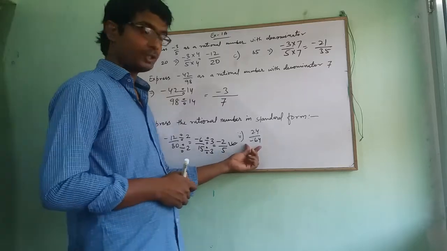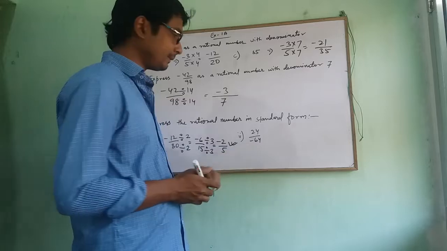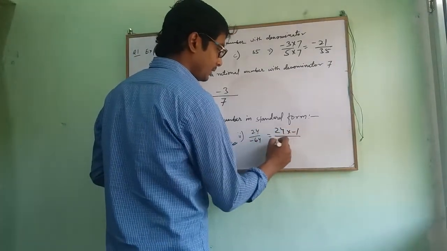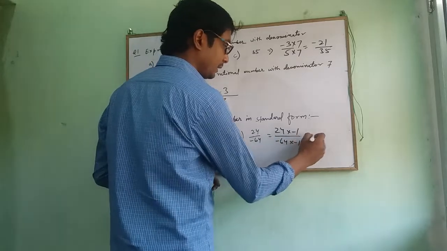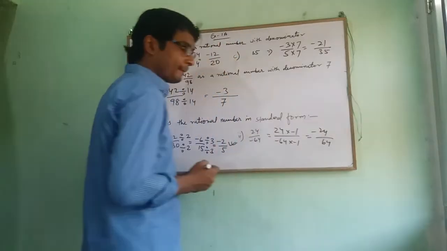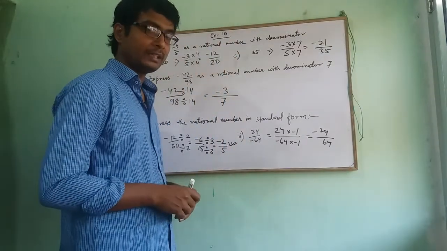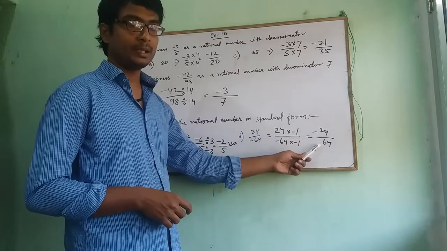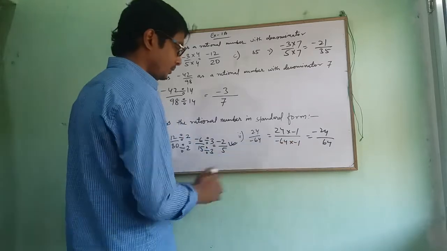Now let's come to this question. You can see here the denominator is negative. So first of all I will multiply both the numerator and the denominator by minus 1. It becomes minus 24 by 64. Now I will divide both the numerator as well as the denominator by a common divisor.